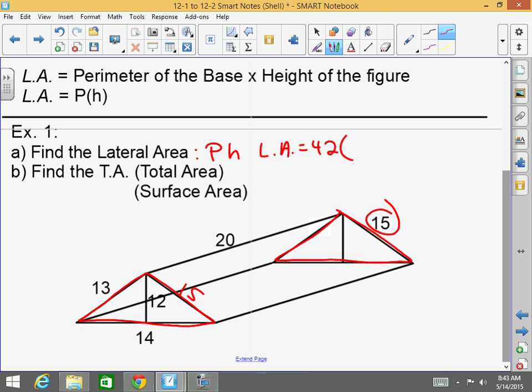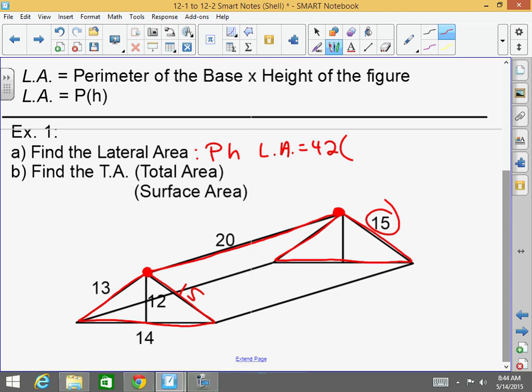My boy just said the height of the prism is 12, Mr. Morrow. No. The height of the prism is the lateral edge that connects one base to the other. Think about it, right here. I'm showing you right now in front of you, a triangular prism. The height of the prism is not the height of the triangle.